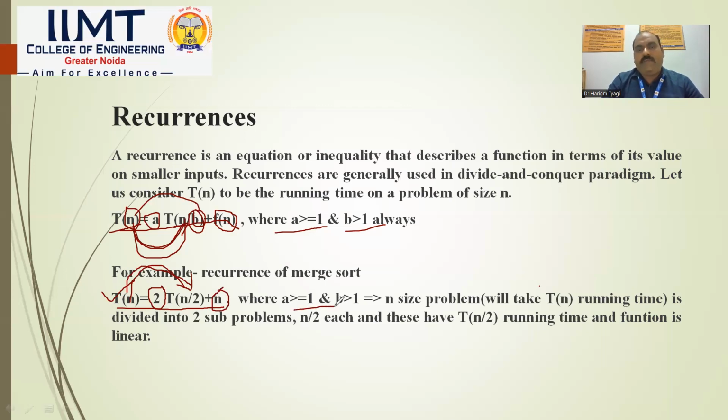And the function is linear, because we applied it on an array; the array is linear and the function is linear here. And a is greater than or equal to 1 and b is always greater than 1. Here the n-size problem has total running time Tn, and the n/2 subproblem has running time T(n/2).